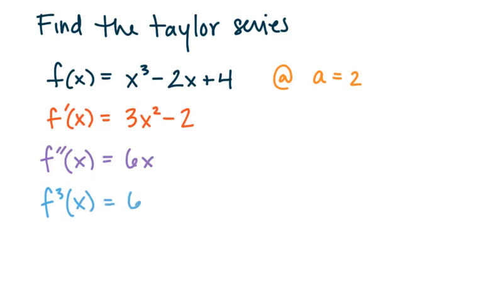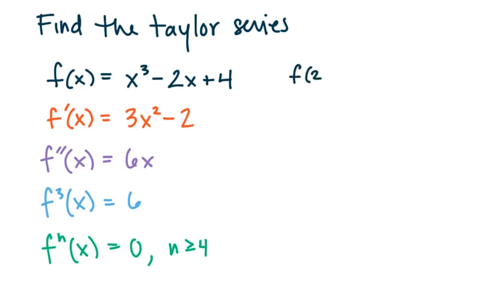So every derivative following this, every nth derivative after this, we're going to get 0, and that would be for any n value greater than or equal to 4, because the derivative of 6 is a constant, and the derivative of a constant is 0.